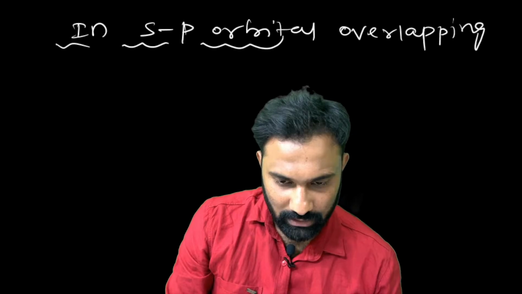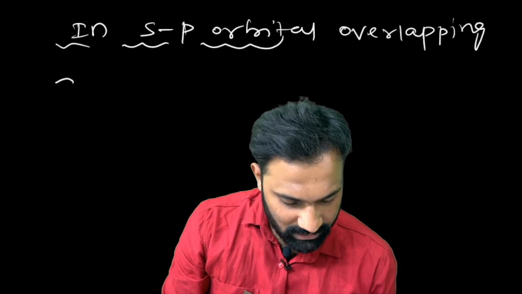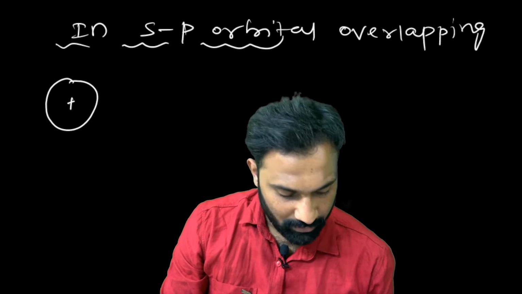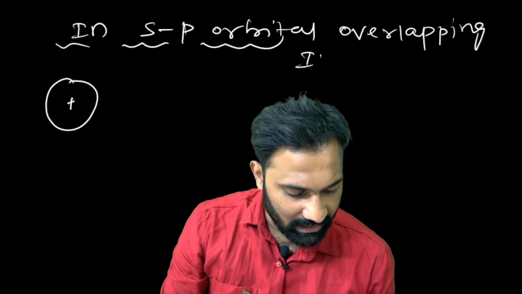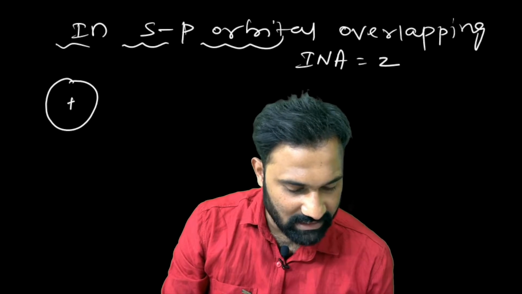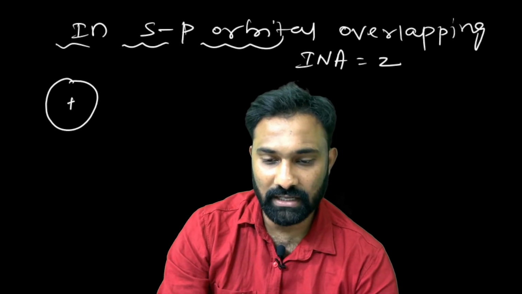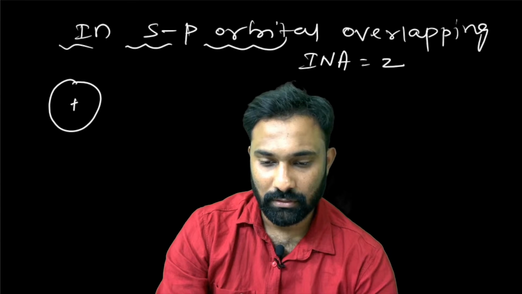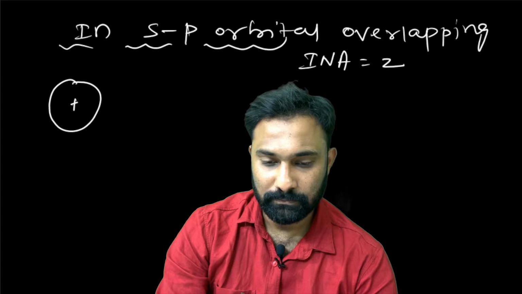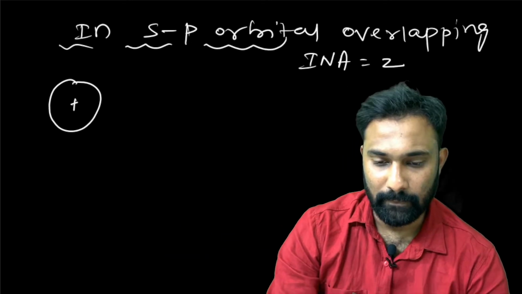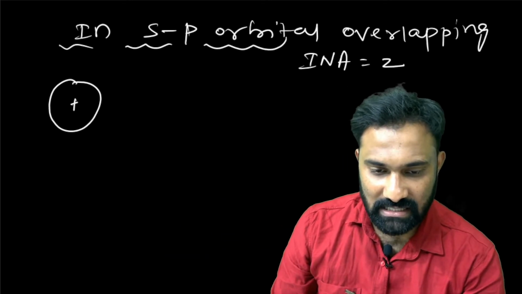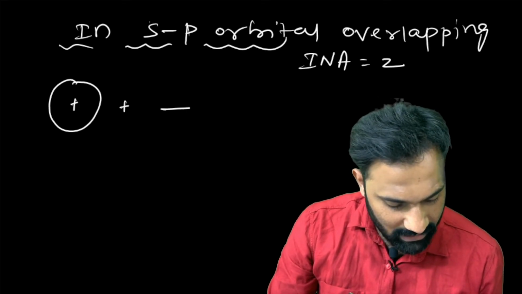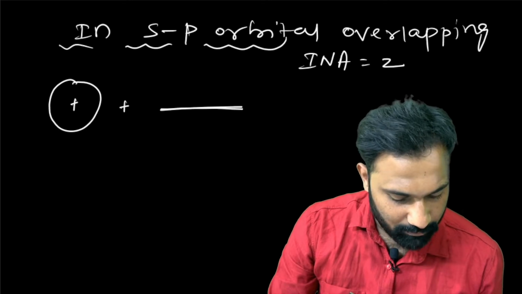Now, let me show you. This is an S orbital. The S orbital is non-directional in nature. For the P orbital, we are taking the internuclear axis, INA, as Z. If we take the INA as Z, only the orbitals along the internuclear axis will overlap.